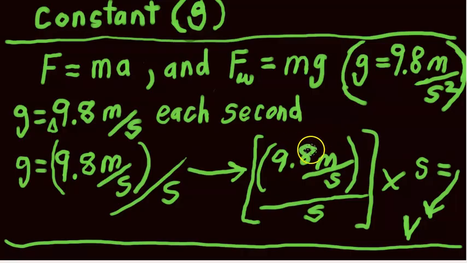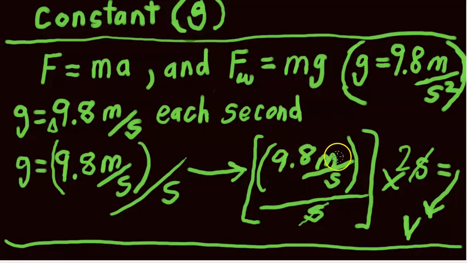For example, 9.8 meters per second each second times, let's say, 2 seconds. If we do the math, you see that the seconds will cancel out. 2 times 9.8 is 19.6.